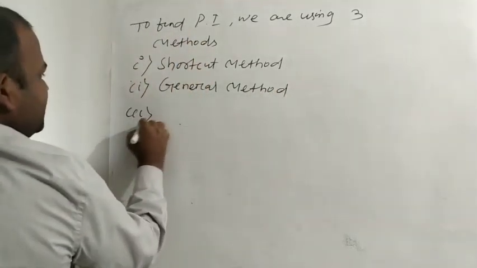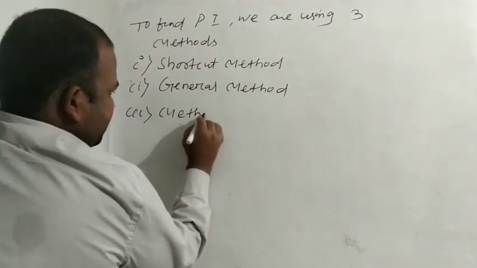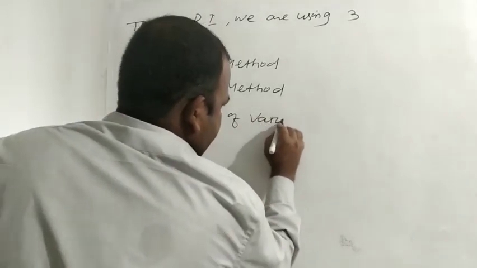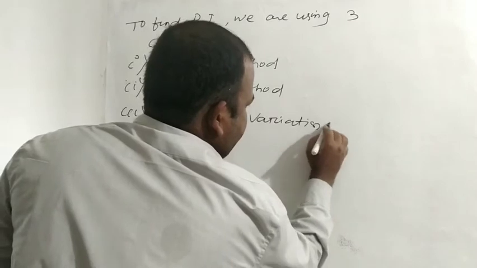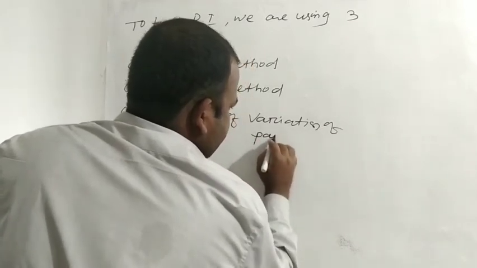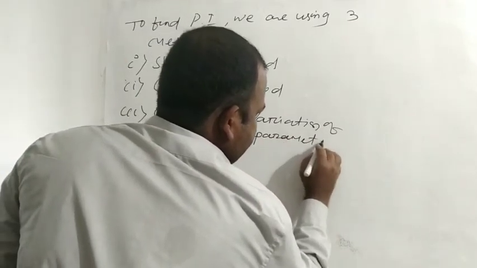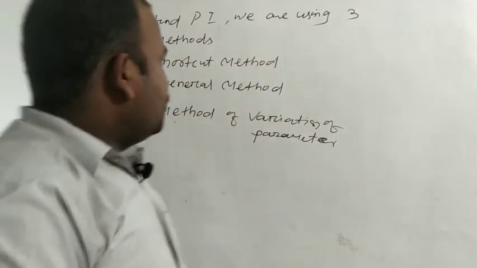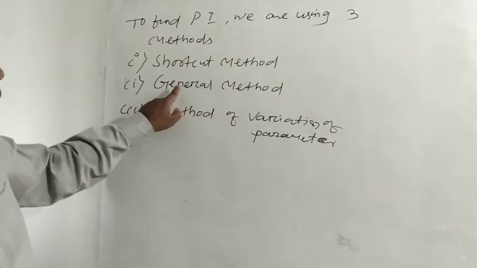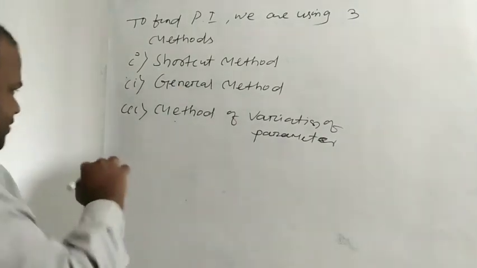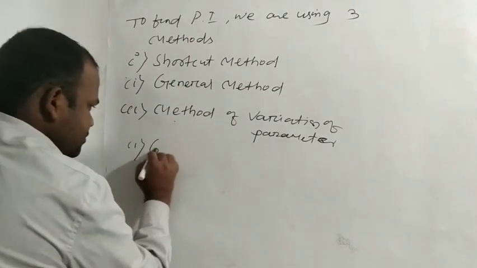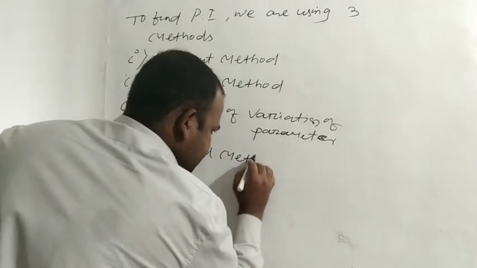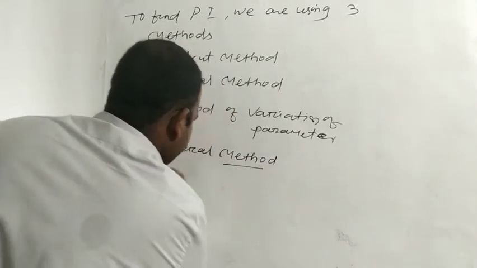Third is the method of variation of parameters. So in this lecture we will discuss the general method. The second one, the general method.